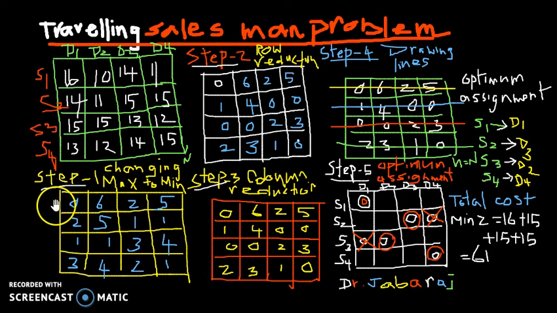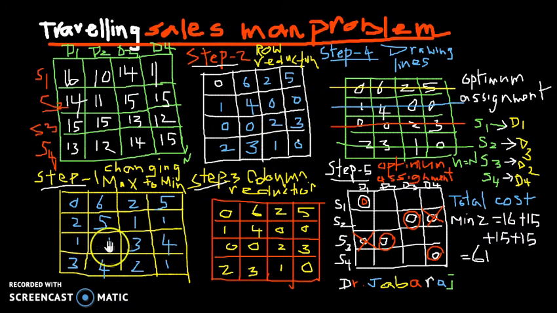Now look at this. The least number is 0, so subtract 0 from all other entries. We get 0, 6, 2, 5. Next row, the least number is 1. 2 minus 1, 1. 5 minus 1, 4. 1 minus 1, 0. 1 minus 1, 0.